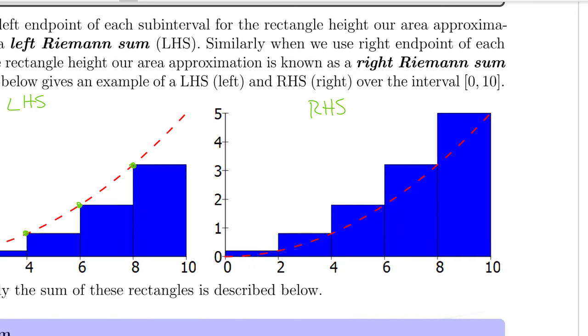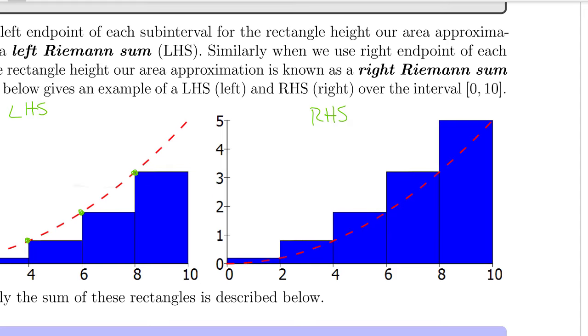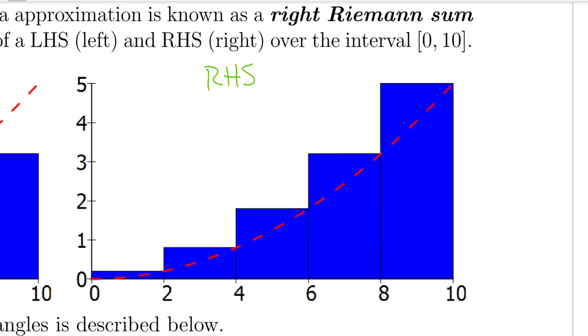Similarly, the right-hand sum comes from taking the rectangle heights to be the function value at the right-hand side of each subinterval. So it doesn't matter which direction you start from. For the right-hand sum, sometimes people like to start from the right-hand side. So let's do that. Our first subinterval is here from 8 to 10, and the right-hand endpoint is 10.